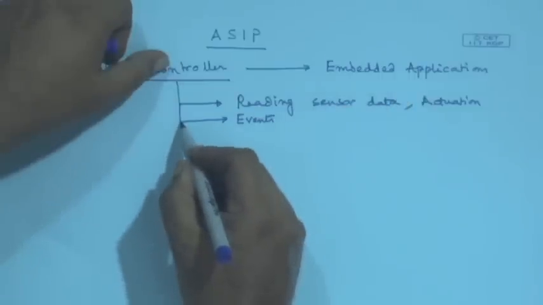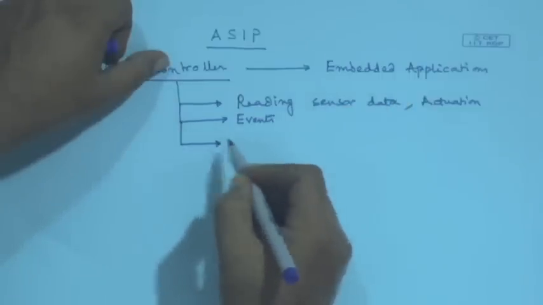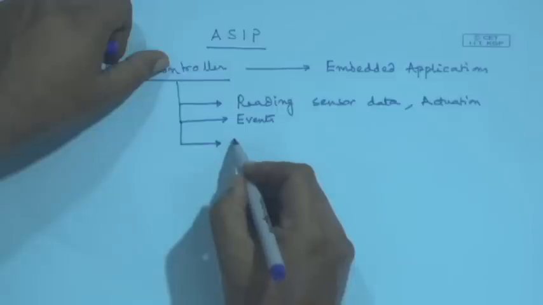We have got microcontrollers in applications. One of the applications, VCR, is already becoming obsolete. A news item came out that the last VCR has been produced. But once VCRs were very important applications, video recorders and players.